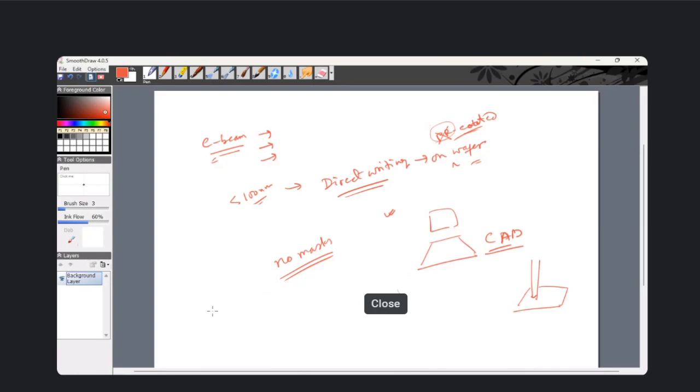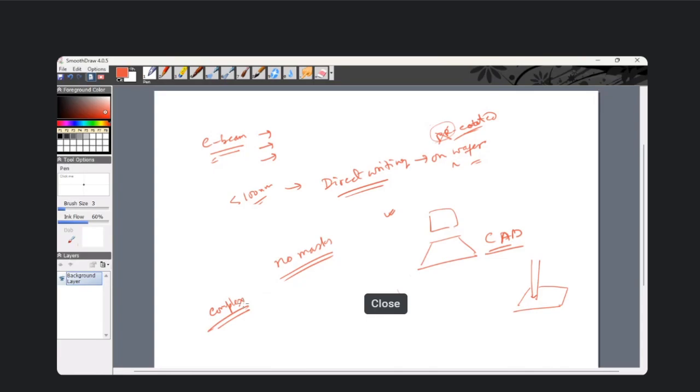If your circuit is complex, with many components and very complicated interconnections, it is time consuming and costly as a result, so this kind of direct writing will become very, very slow.